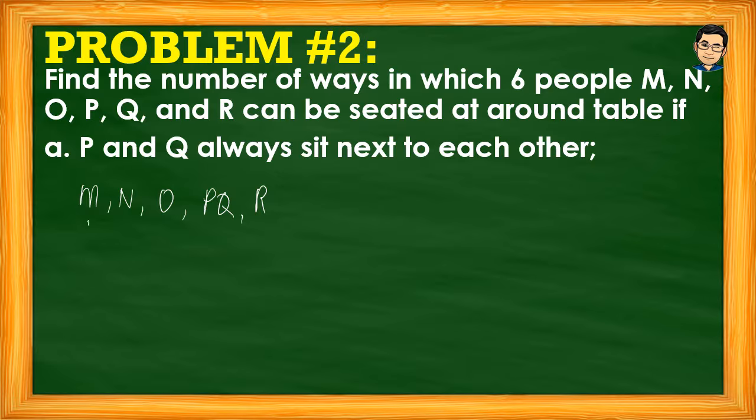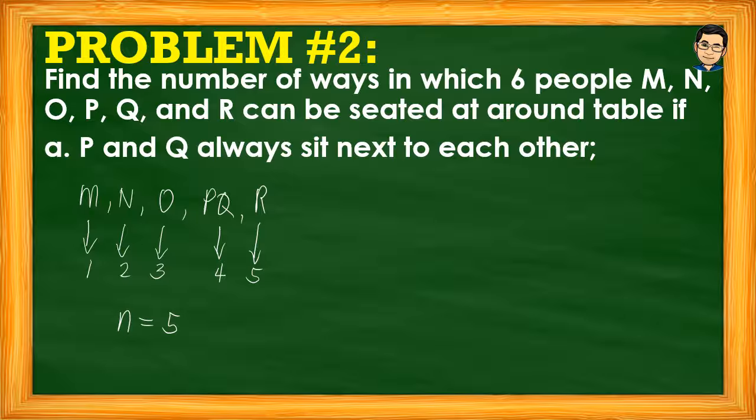So, M is 1, N is 2, O is 3, and then PQ, isa lang po sila, so 4. And then R is 5. So, ibig sabihin po, yung n natin dito is 5 na lang po, hindi na po 6. Again, tinetake po natin si P tsaka Q ng isahan lang.